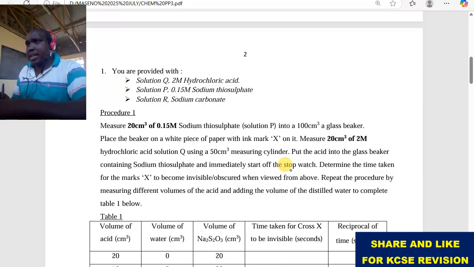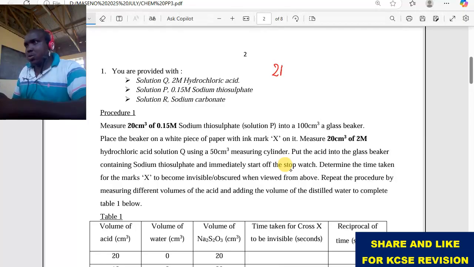Wherever you see a solution given in terms of molarity, like this, 2 molar hydrochloric acid, 2 molar means that 2 moles are in 1,000 centimeters cube, because this is molarity, and we know very well that molarity is the number of moles in a liter. A liter is equal to 1,000 centimeters cube.